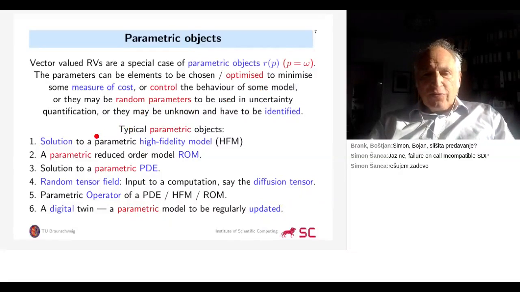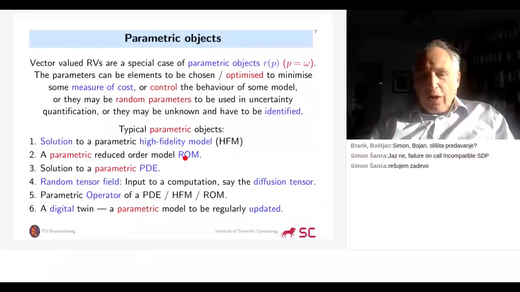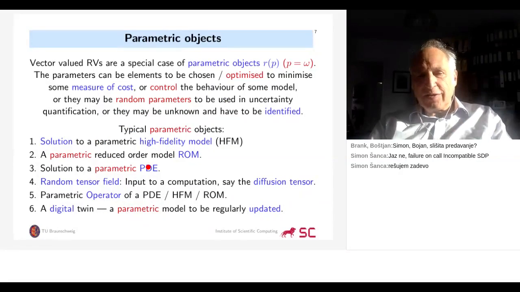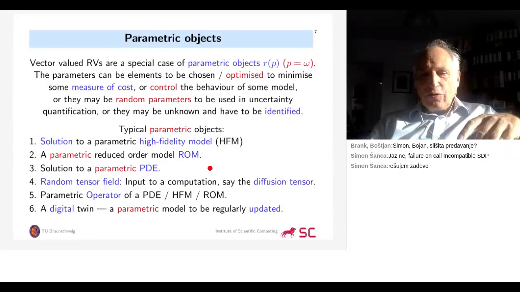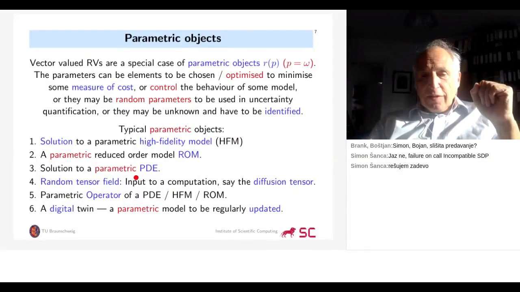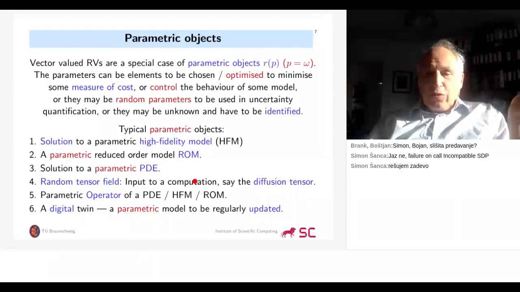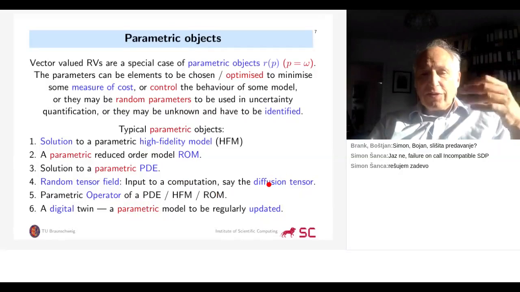Some typical things are, for instance, the solution to a high fidelity model where you will want to build a reduced order model, or a parametric reduced order model, or a solution to a parametric PDE, like the example we're always looking at, this flow through an aquifer where the conductivity field is the parameter. Or this can be an input to a computation, a random tensor field, for instance, like this diffusion tensor or conductivity tensor which we're talking about for this example.